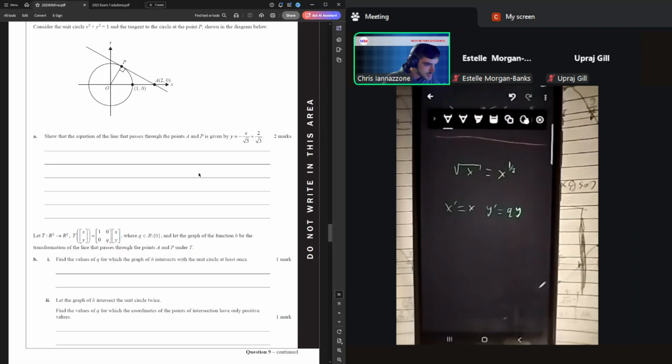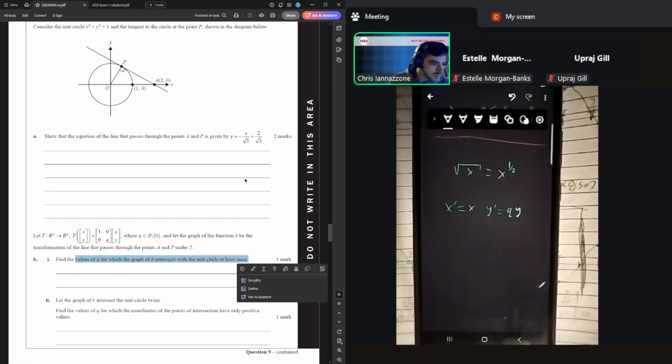So we've got a transformation as such, and let the graph of the function h be the transformation of the line. So it's this equation here, the line that's passing through AP, that's being transformed by x dash equals x, y dash equals qy. That's the setup there.